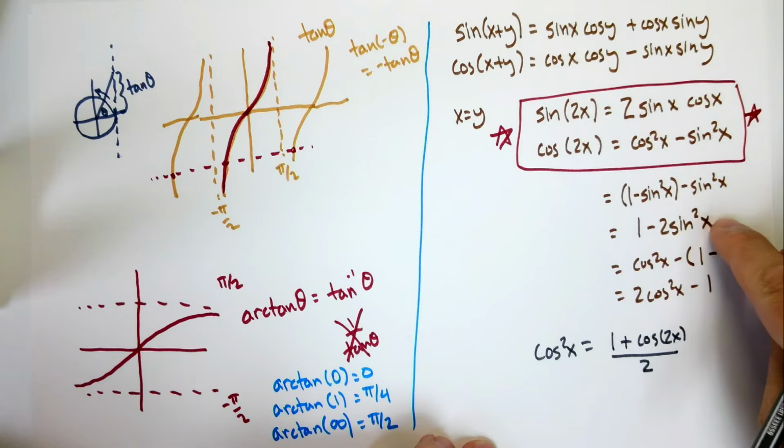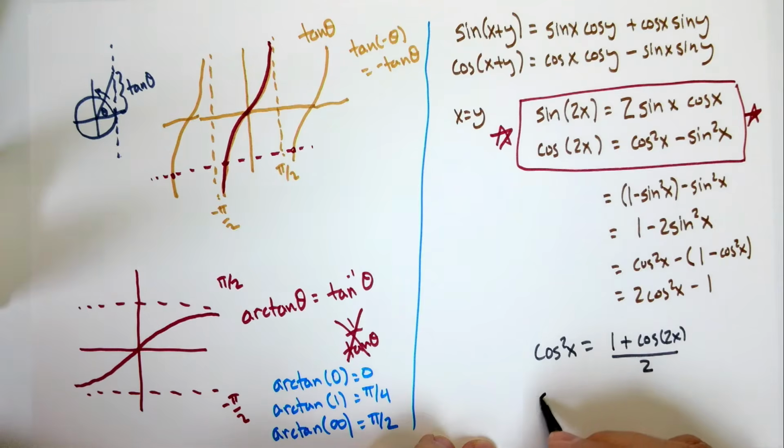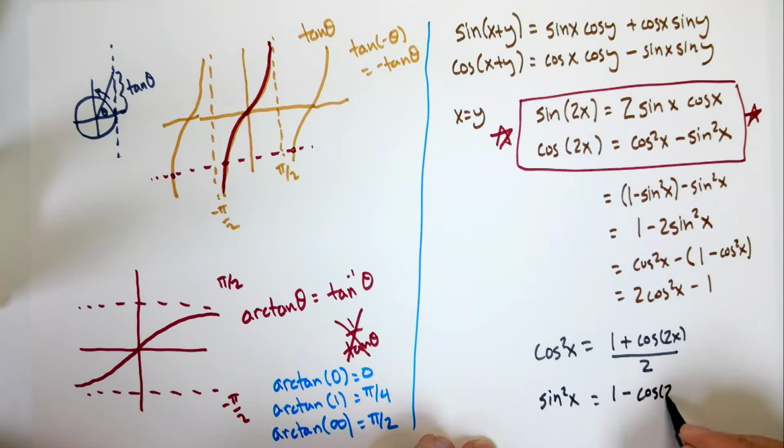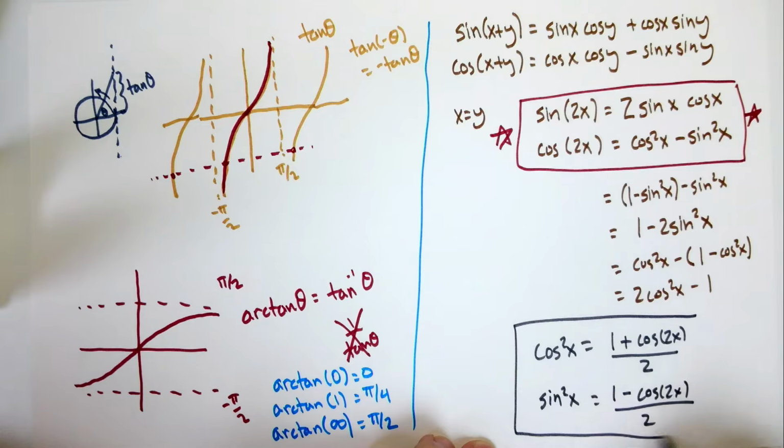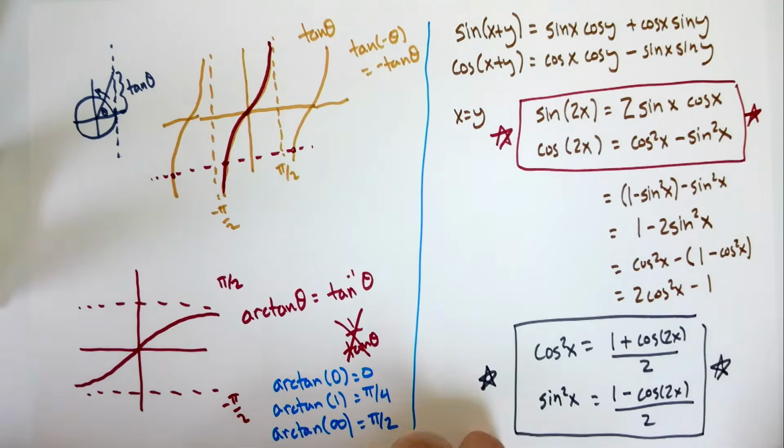Or I could do it here, sine squared x, where I can subtract 1 divided by negative 2, and if you work that out, you get sine squared x is 1 minus cosine 2x over 2. And these are another 2 of our 6. In fact, now we have all 6 of our 6.